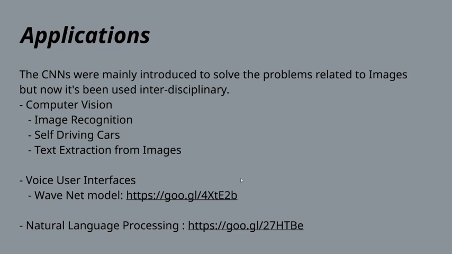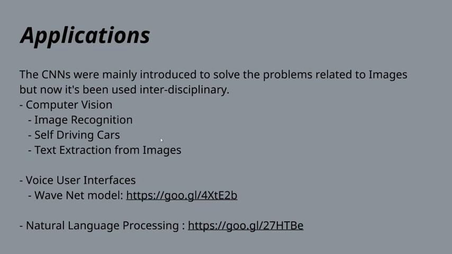For example, if you have seen the Google Translate application, it captures an image. If you see a signboard and capture an image using it, it's going to extract the text and then translate it using some other type of AI algorithm. The way it extracts text from the image is using convolutional neural networks.